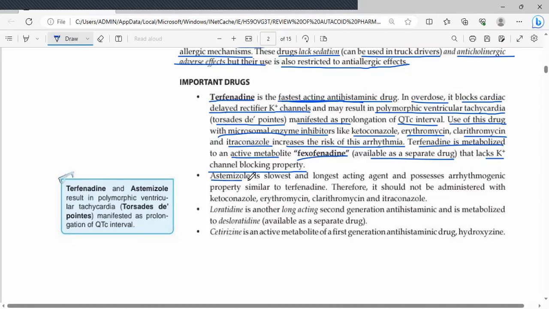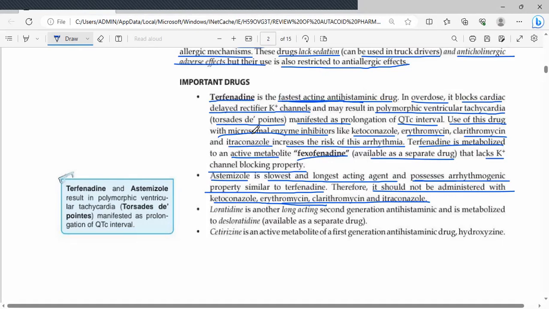Also, astemizole is the slowest and the longest acting, and it also possesses an arrhythmogenic property similar to terfenadine. So astemizole will produce torsades de pointes. Therefore, it should not be administered with ketoconazole, erythromycin, clarithromycin, and itraconazole. Okay, because astemizole is also metabolized by the CYP.